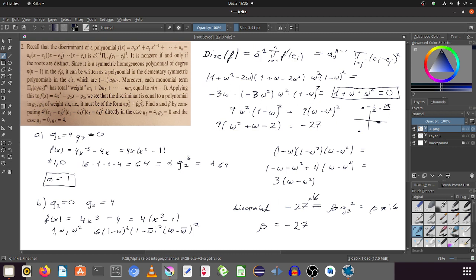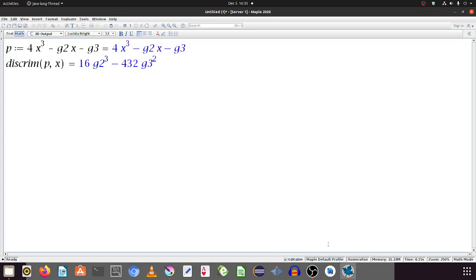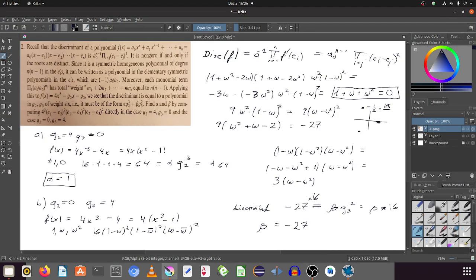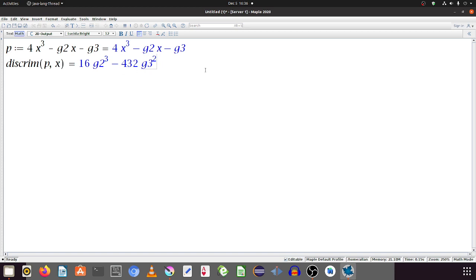So I actually did this on Mabel before starting the exercise, plugging in the polynomial and having it compute the discriminant. And I got 16 times as much. Unity for alpha and minus 27. That times 16 should give minus 432.